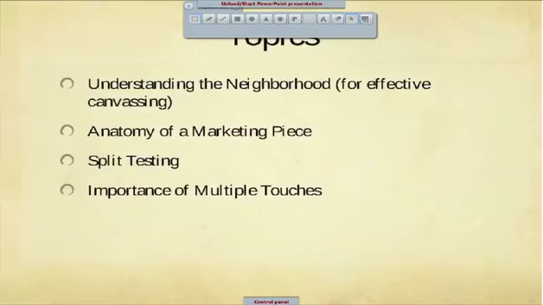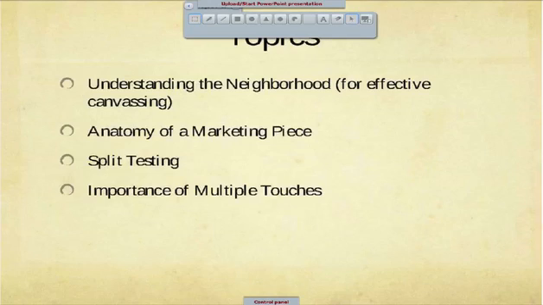So, the first thing, again, we're going to be talking about is understanding the neighborhood for effective canvassing. And we're also going to cover the anatomy of a marketing piece. And this is really important. Every good marketing piece has certain elements, so we're going to talk about what those elements are. I'm also going to touch on split testing and also the importance of multiple touches.